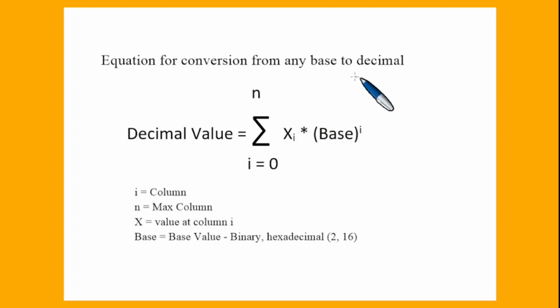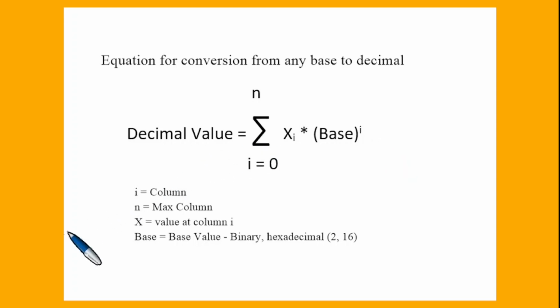And if you're not familiar with summations, this simply says that I take whatever this value is here, and if there are multiple columns, then we're simply going to add those together.